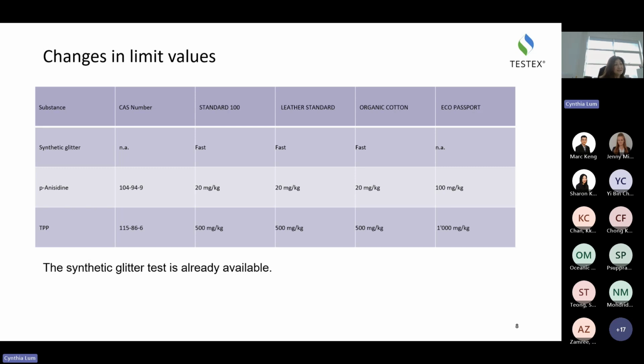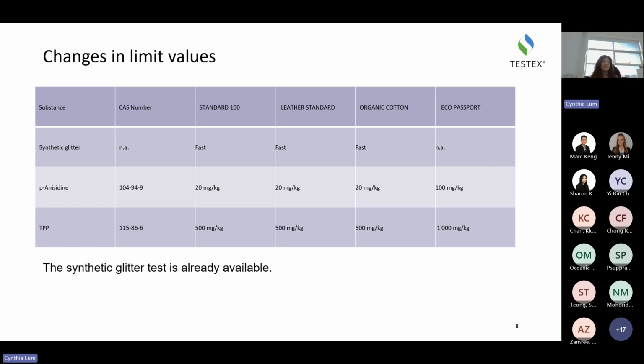The synthetic glitter test is already available, and this glitter test is included in relation to the shedding of microplastics, which is a very hot topic at the moment. All prints using glitter will be subjected to this fastness test. So it needs to be fast.